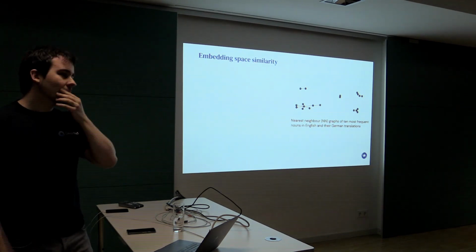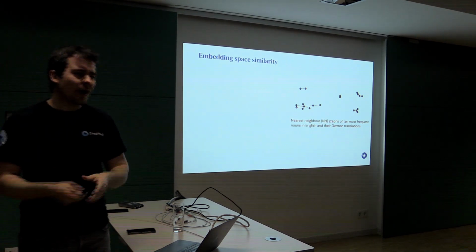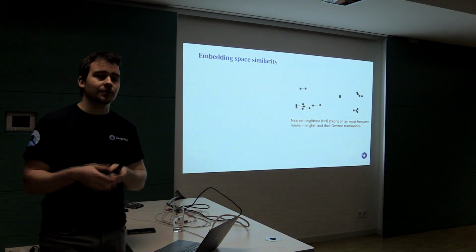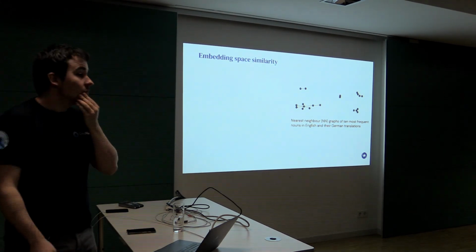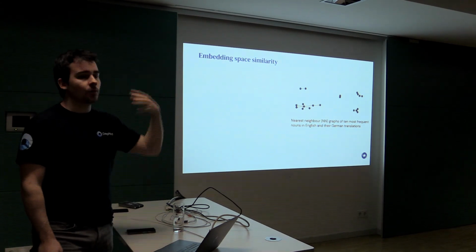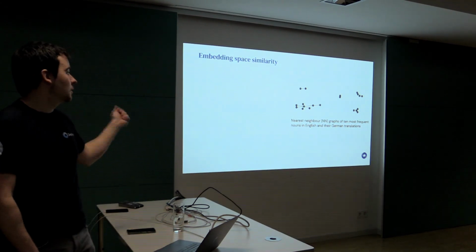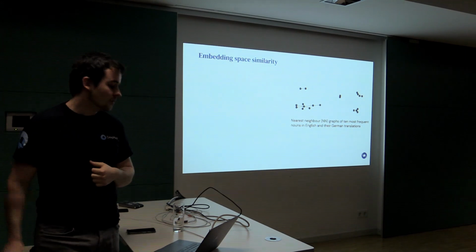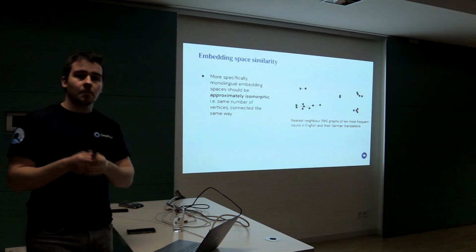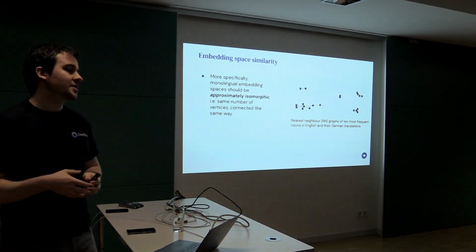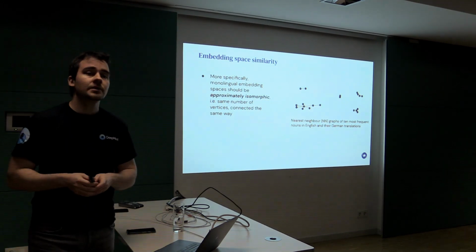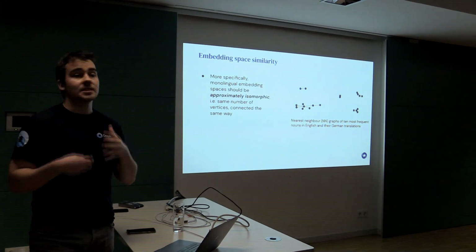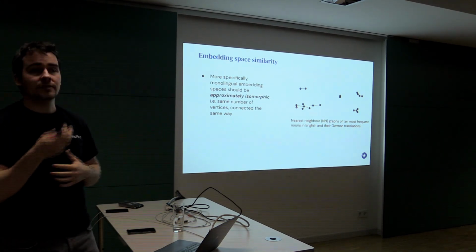So how do we want to characterize this similarity of the embedding spaces? One obvious way might be, given that we already have our word embeddings and we are looking for nearest neighbors anyways in the graphs, to characterize the similarity based on whether the graphs in these embedding spaces have similar structure overall, similar connectivity patterns.